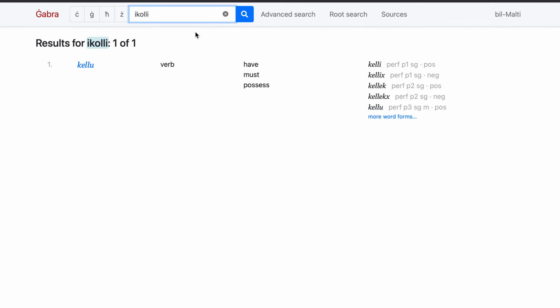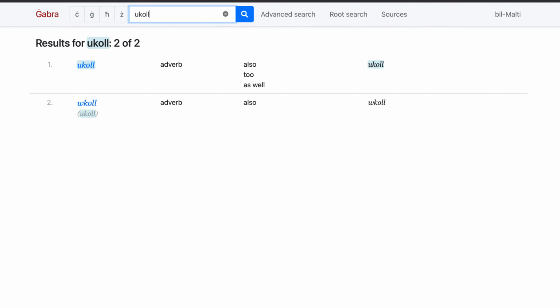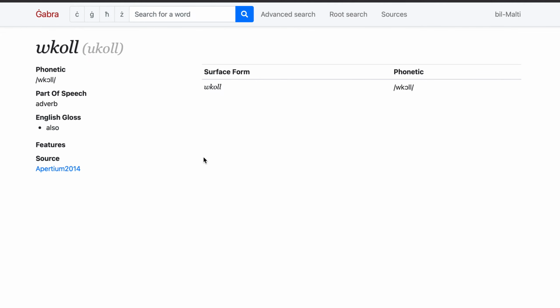And with a J or G, I always forget that one in English. So ikolli, well, you see it back, kellu, or maybe ukol. Also, you have ukol, but you also have ukol written with a W. You will find it here, ukol.